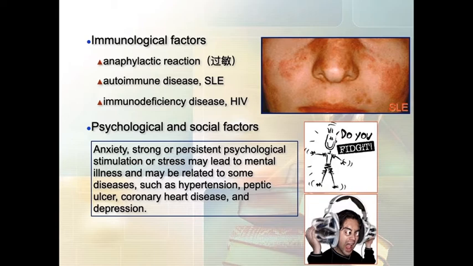Anxiety, strong or persistent psychological stimulation or stress may lead to mental illness and may be related to some diseases, such as hypertension, peptic ulcer, coronary heart disease, and depression. These are all psychological and social factors.